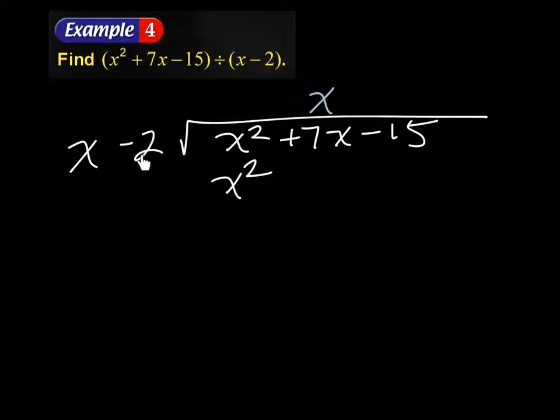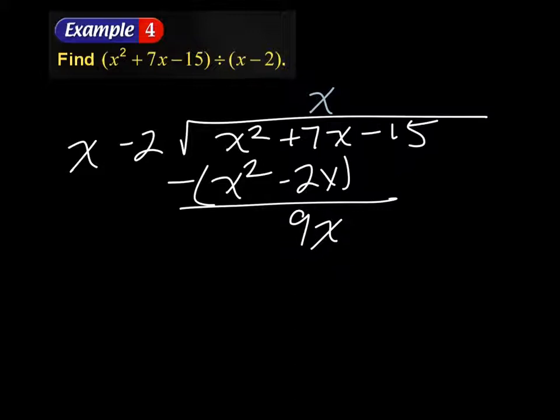And x times -2 is -2x. And we subtract. So remember, when we do 7 minus -2, minus negative is the same as a plus, we're going to get 9x. And of course, I skipped the fact that x squared minus x squared is 0.